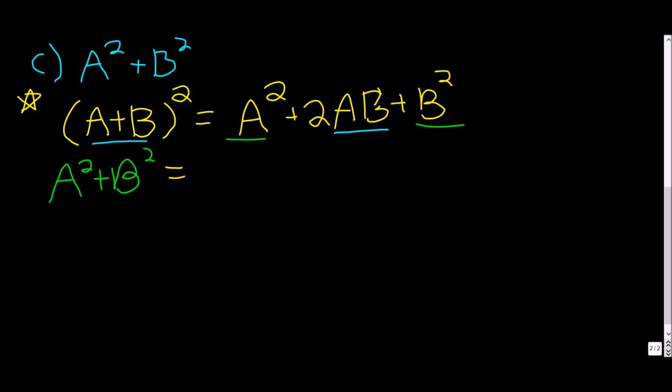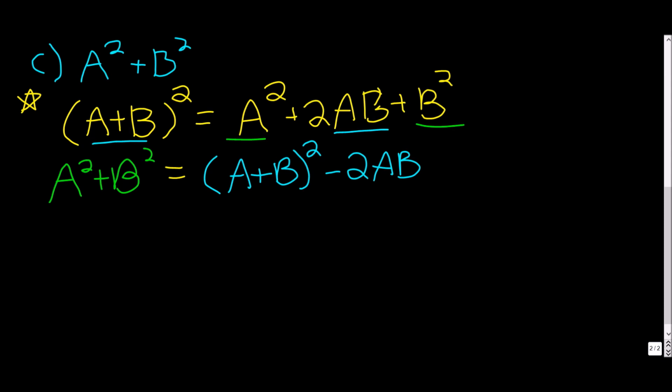So this is going to be alpha plus beta squared minus 2 alpha beta. We're looking for alpha squared plus beta squared, but we can use two of our known things together and manipulate to figure out what this is going to be.